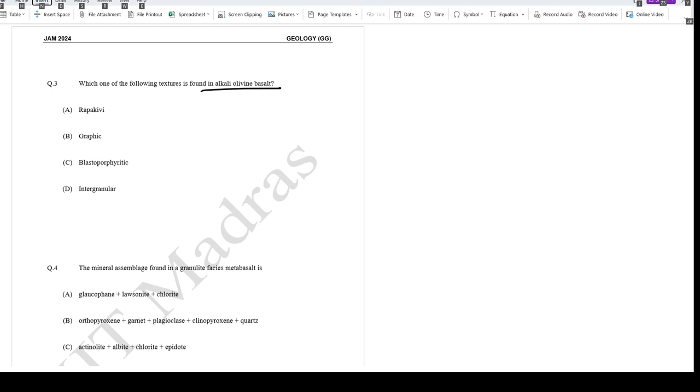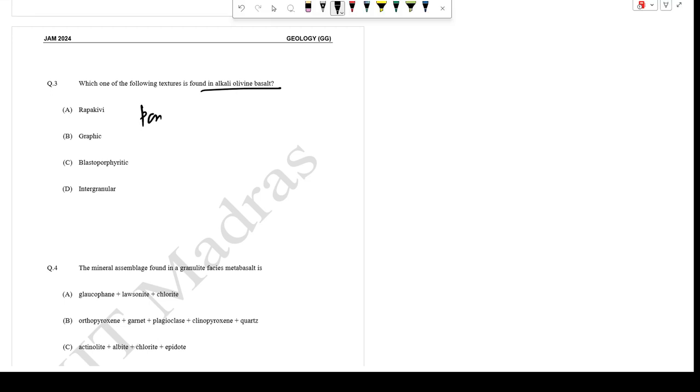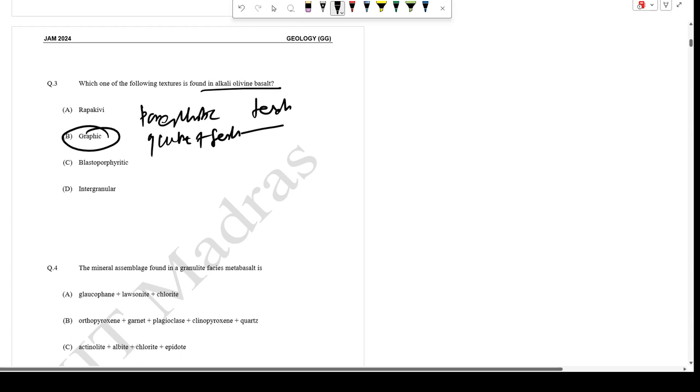The Rapakivi texture is a type of texture found mostly in some granitic rocks, characterized by large orthoclase feldspar crystals. Then graphic texture is a type of intergrowth texture where two minerals, often quartz and feldspar, grow together with no space between them, and it is more commonly found in granitic rocks.